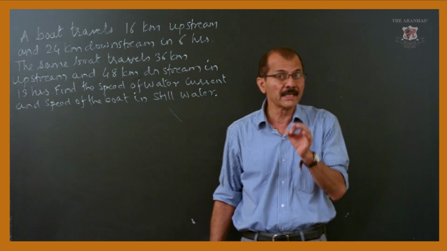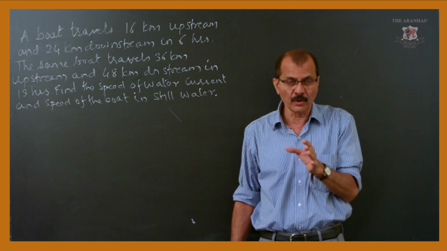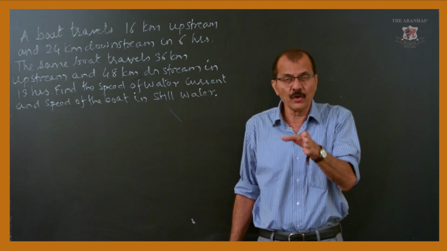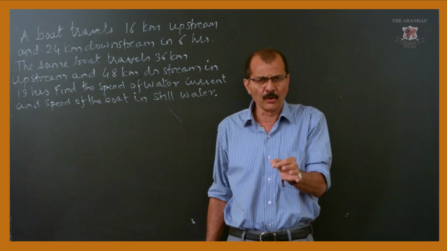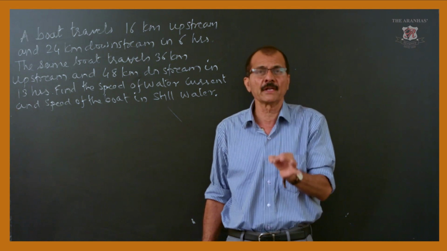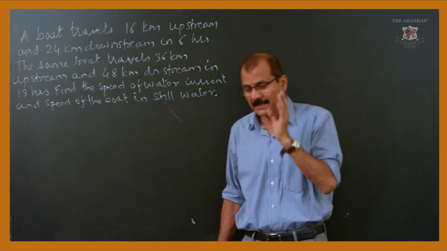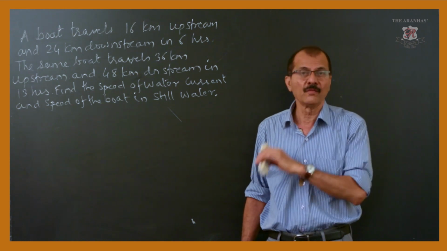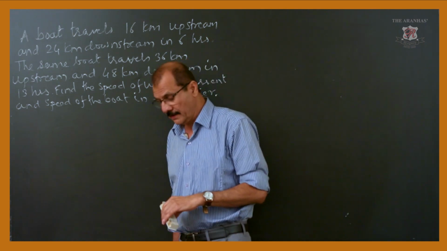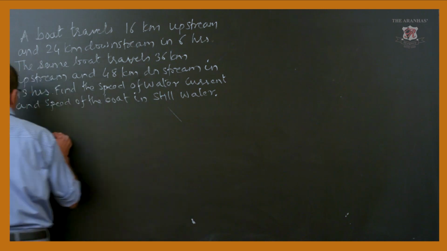Now, I use the word still water, means what? Where there is no water current, only the speed of the boat. Consider only the speed of the boat. So, let the speed of the boat in still water be x kilometer per hour. So, I will write that.